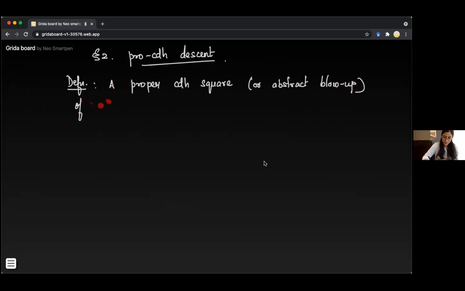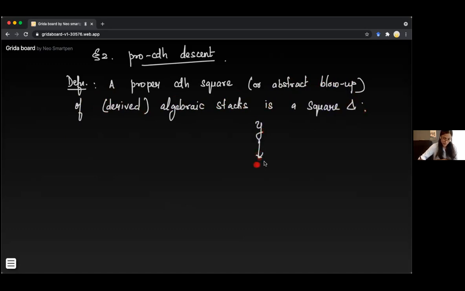of algebraic stacks, or also derived algebraic stacks, is a square of the following form. So it's a square delta, which is Y to X, where f and some closed inside X, and this is the pullback, such that delta is Cartesian.